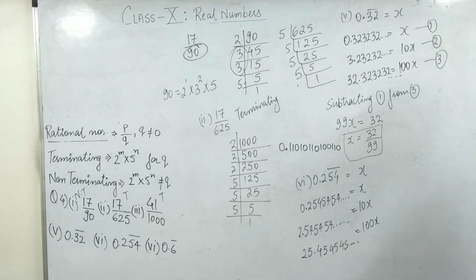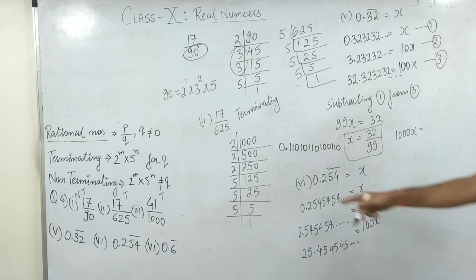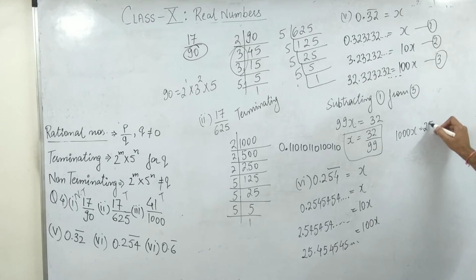Let's now finally do it by 1000 times. So this will become 1000x should be equals to 254.545454.